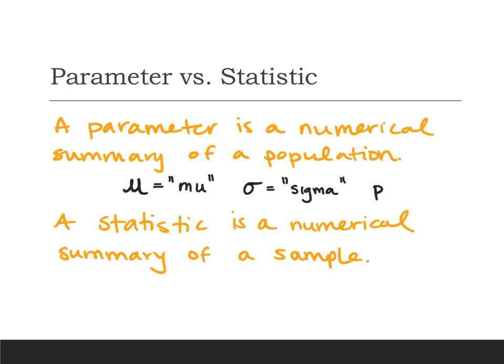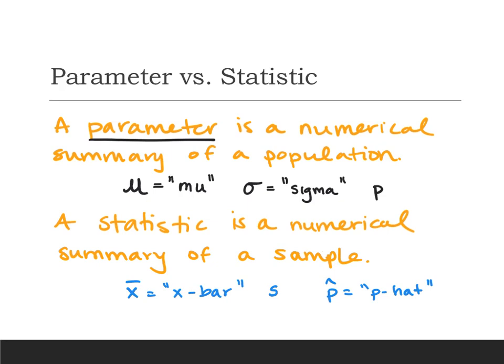Now, we haven't really talked about any of those words yet, and we won't until like chapter 3 or later. But I just want you to know that we do have these specific symbols that are associated with being a parameter. And then we have other symbols. We'll have one that we call X bar. And then we'll use a lowercase English letter S. And then we'll use this guy, which is P hat.